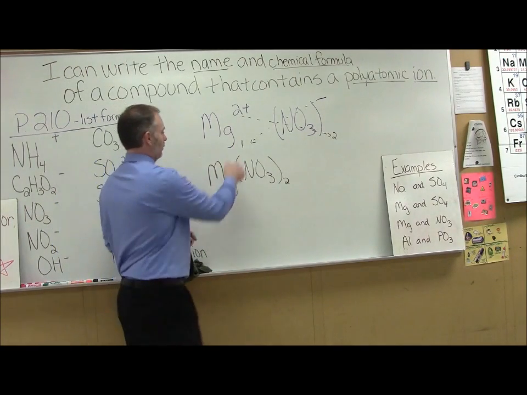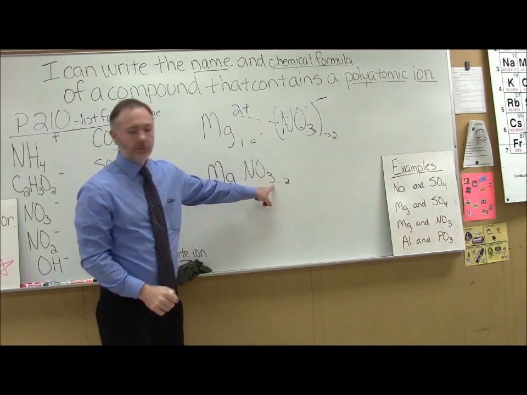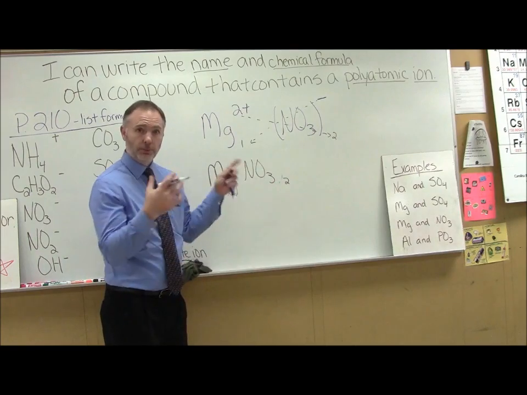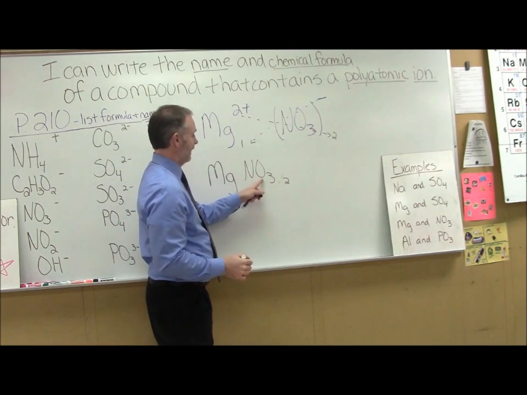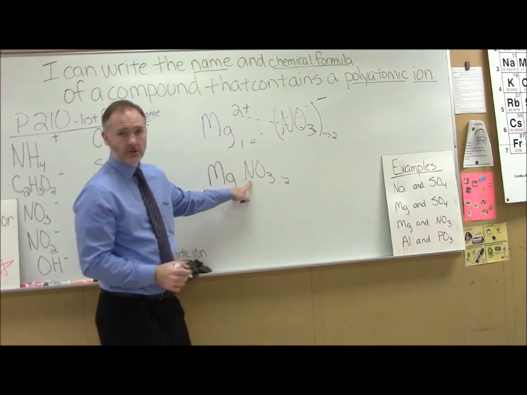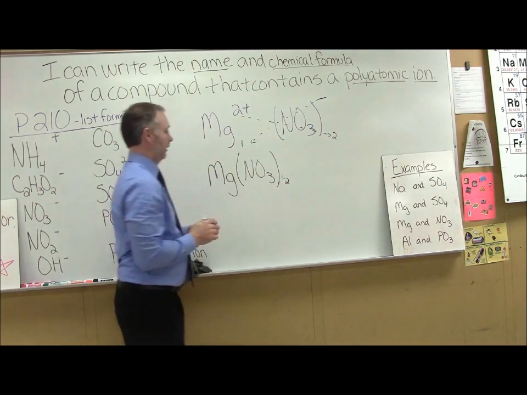If I don't write the parentheses, it's like the 2 only applies to the oxygen. But it's just like in math, the way you distribute with parentheses, 2 applies to the oxygen to make a total of 6 of them, and 2 applies to the nitrogen, so you have 2 of those. So you put parentheses around the whole thing.